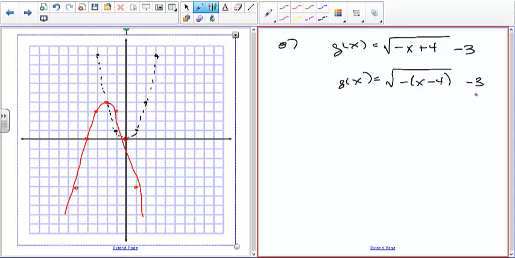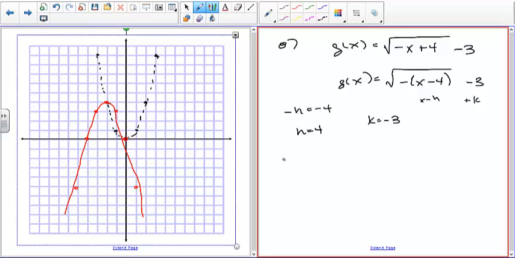Okay, so once you do this, then you can look at all the shifting and the reflection. So, you know, this is x minus h. So in this case, negative h equals negative 4, h equals 4. So we're going to have a positive x shift, and then plus k. So in this case, k equals -3.